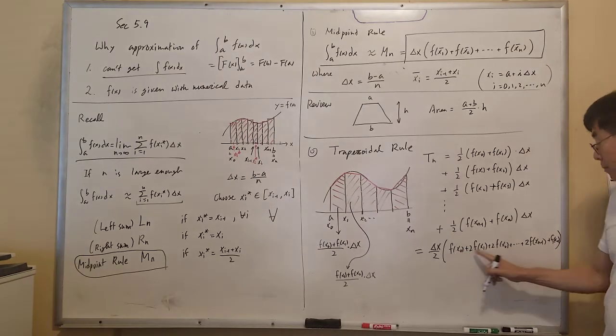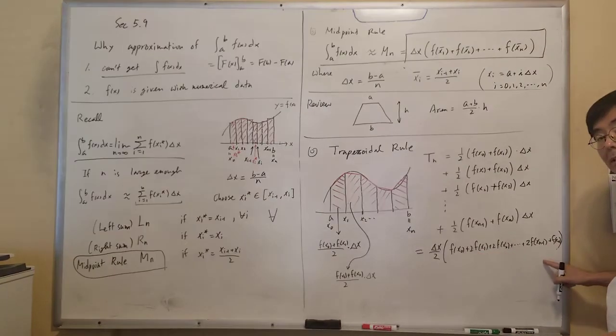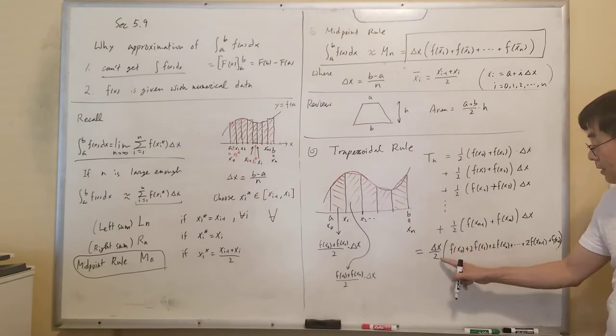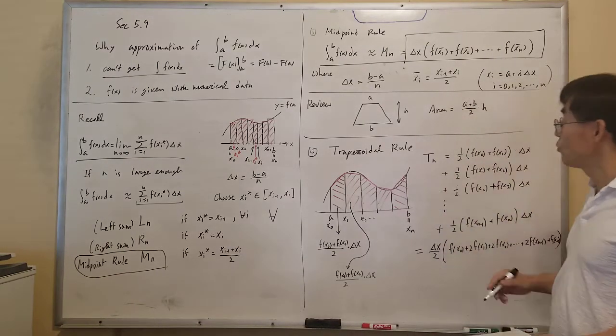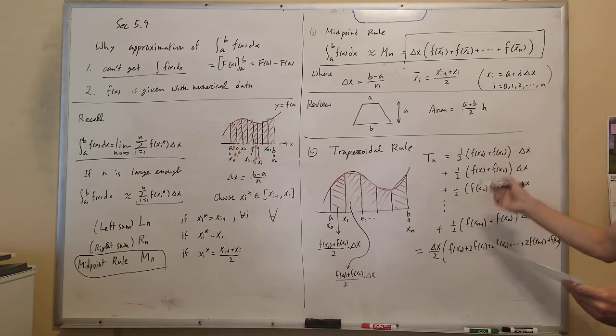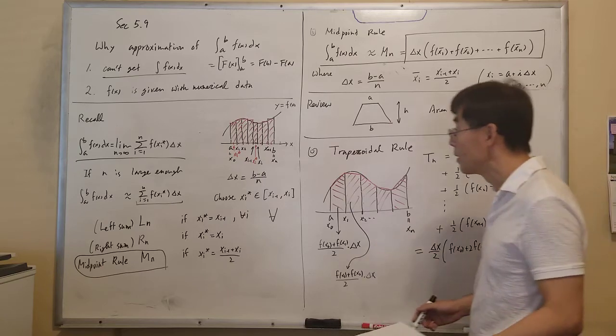The very endpoints appear only once. All the intermediate function values appear twice. And then delta x divided by 2. Okay? So this is the trapezoidal rule, the sum of the areas of the trapezoids.